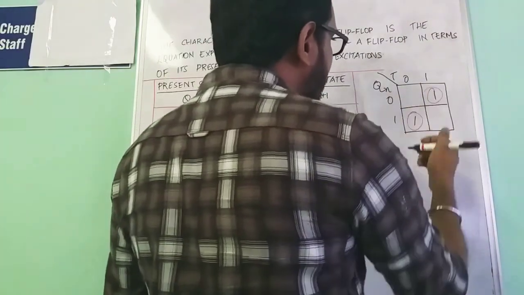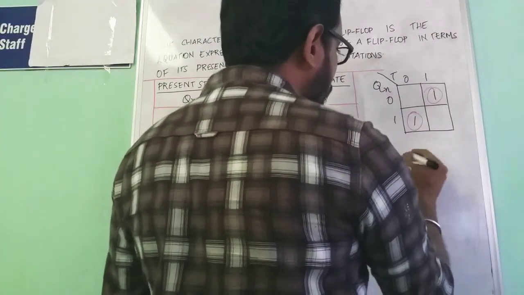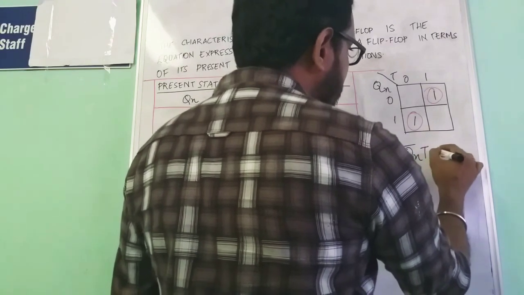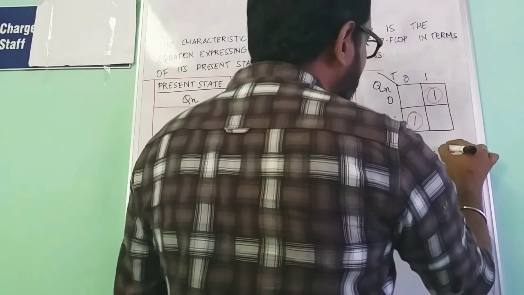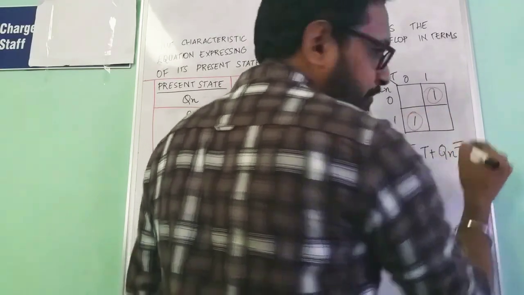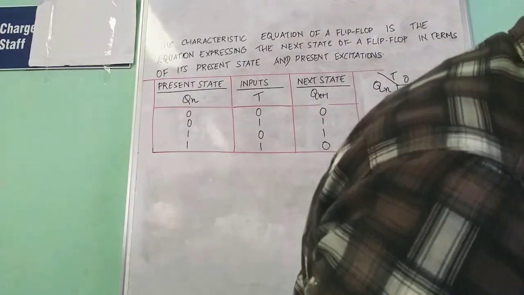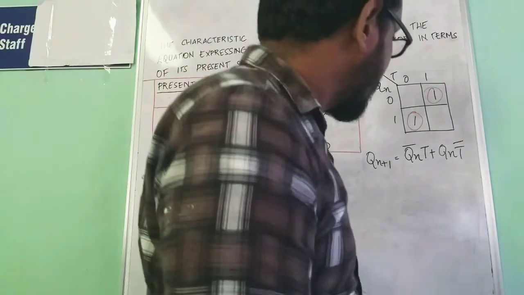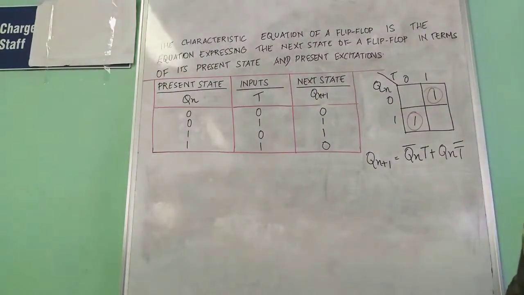This means Qn plus 1 will be Qn bar T plus Qn T bar. Yes, let me check. Yes. We have the answer as Qn bar T plus Qn T bar.